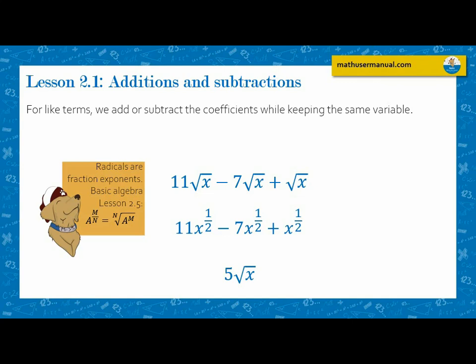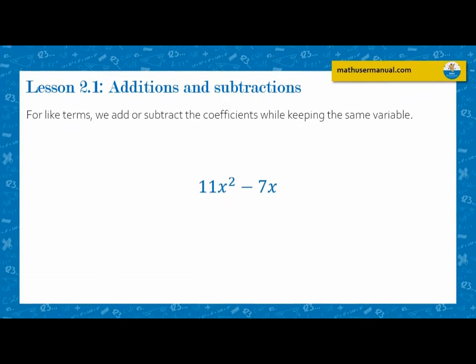And if we pay attention, it is one more time the same process, because all those radical x's merged into one. So as long as we have the same variable with the same power, we have like terms, and we can combine them by copying or merging all the variables into one, and then just adding or subtracting the coefficients.